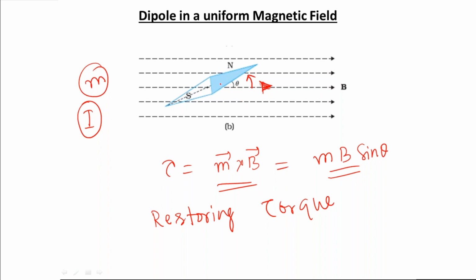Where does the restoring torque arise from? It arises due to the moment of inertia of the compass needle itself.